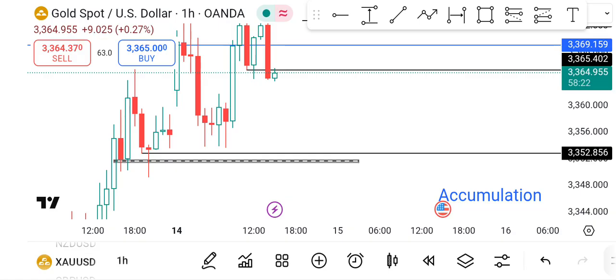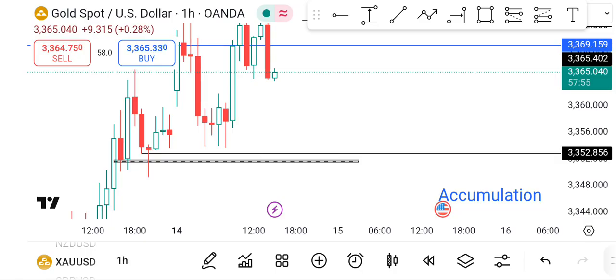Somebody had asked me which session the CRT candle occurs in. You can find a CRT in every session: the New York session, Tokyo session, London, Sweden, all those sessions. You can identify and spot a CRT.